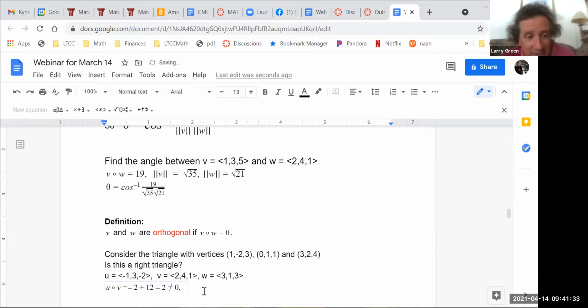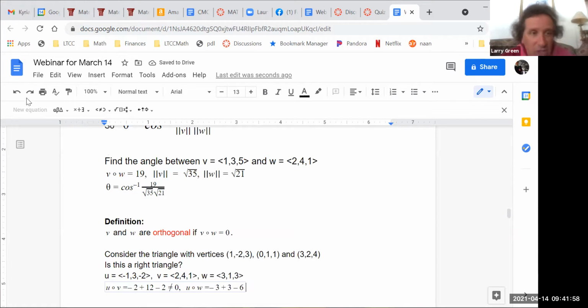And now let's take U dot W. And U dot W is equal to -3, and then plus 3, and then -6.